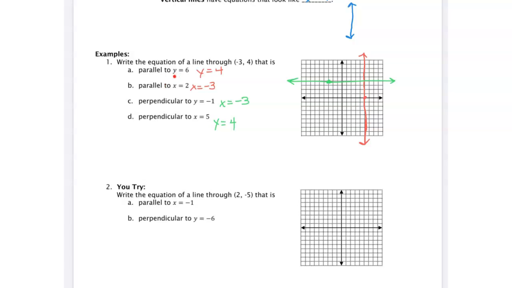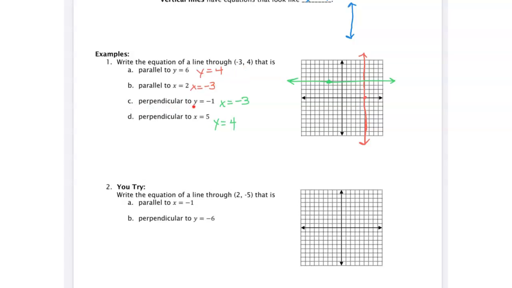Y is the starting point of the equation, y for the equation that you want. So y = 6 was the original, y = 4 will be our answer. Again, our y coordinate is 4. x = -3 is our answer for part B, again, because it's parallel to x = 2, so both are going in the exact same direction, x and x, and then our x coordinate is -3.